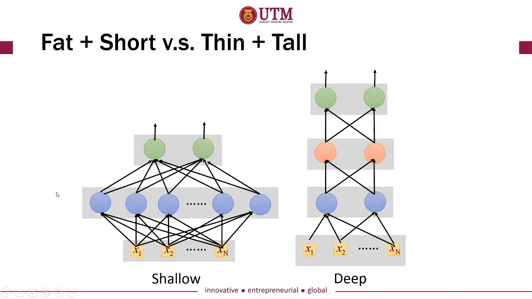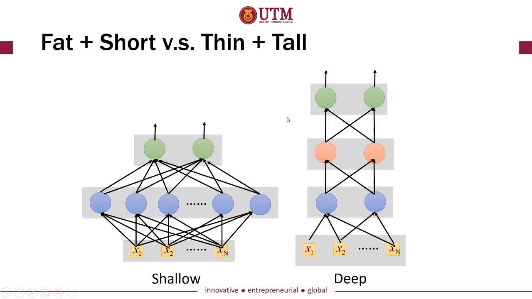But the difference is that this one is a multi-layer perceptron with one hidden layer, but this one is a 3-layer neural network, or two hidden layer neural network. That means the hidden layer is more than one.